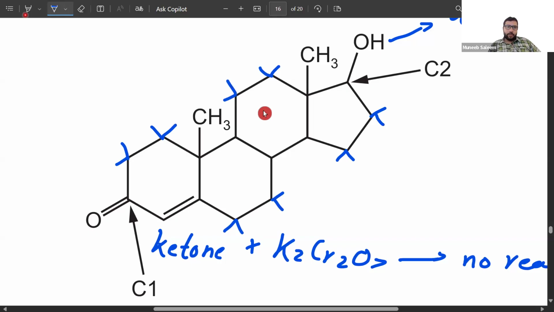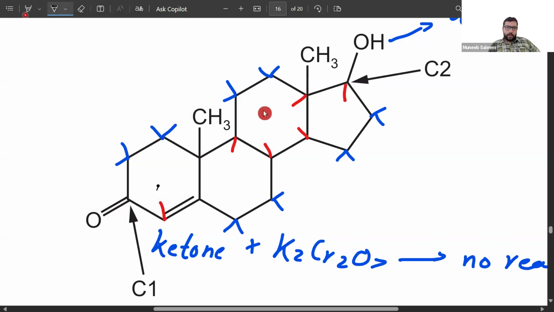Now, which parts have only 1 hydrogen atom? This has 1, 1, 1, 1, and 1. All these points have 1 hydrogen atom each. Now let's count them. And 1 more hydrogen atom is also present at this point over here. Now let's count them.